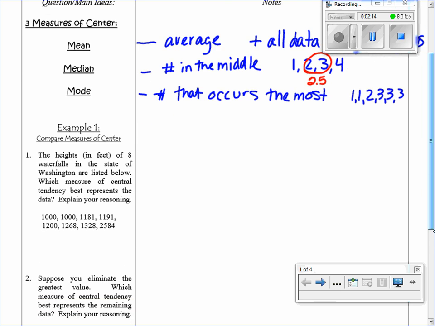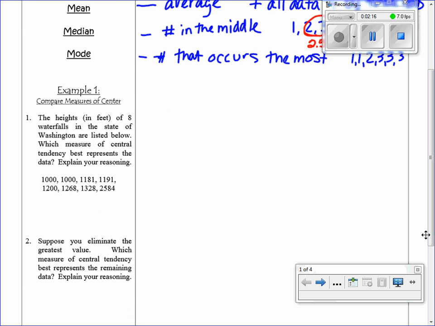Okay. So, it says the heights in feet of 8 waterfalls in the state of Washington are listed below. Which measure of central tendency best represents the data? Explain your reasoning. So the question is determining mean, median, or mode. Which one of those best represents the data?